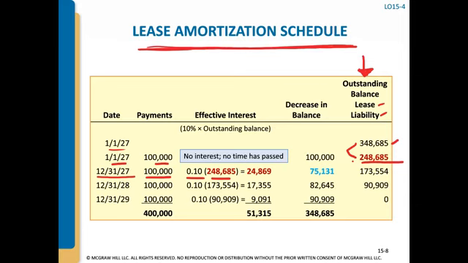So 10% of that is $24,869. And this is effectively going to be our interest expense that we are going to record. So when I take the difference between my payment and this interest, I have a decrease in my balance for the right of use asset and the lease liability of $75,131.